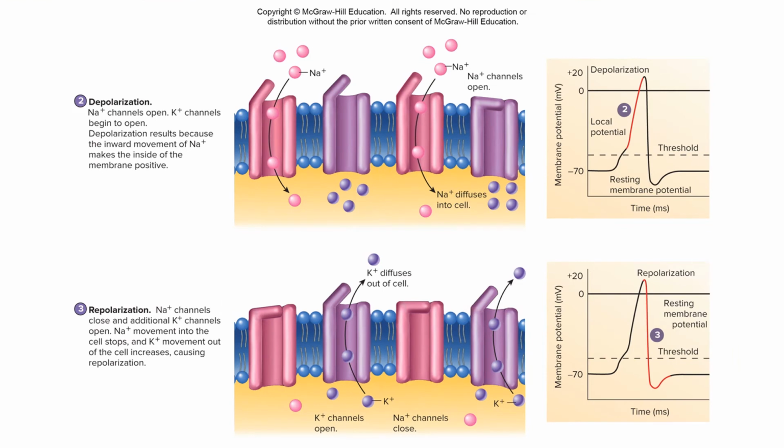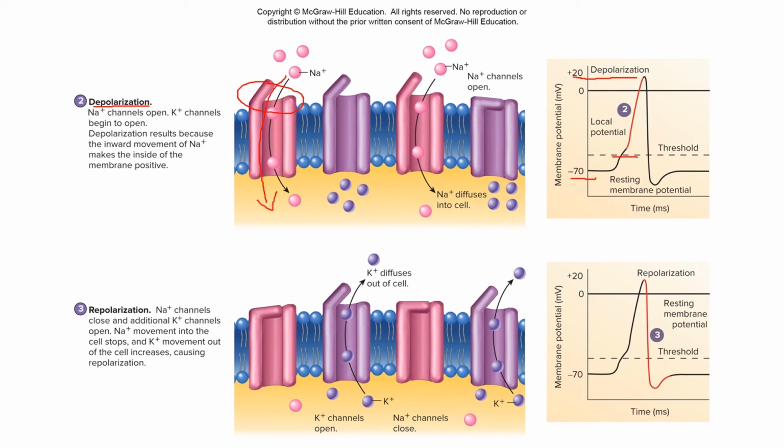Okay? So next you have your depolarization. With the depolarization, you will see here that from negative 70 millivolts, it would pass through the threshold. You have your local potential and you will be reaching the depolarization at around the maximum of positive 20 millivolts. So in this step, you will see that your sodium channels open here, and then of course the influx of the sodium goes into the cell.